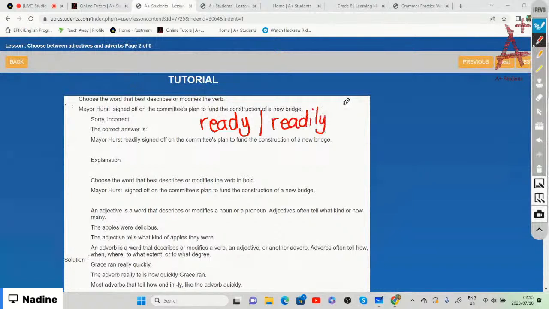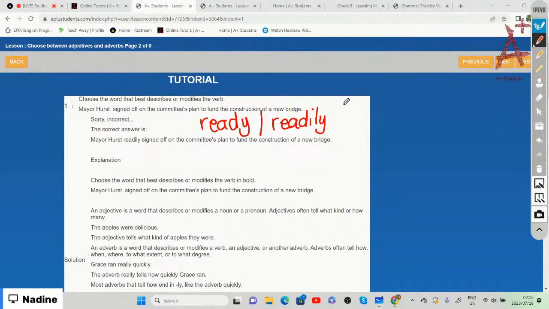Mayor Hurst signed off on the committee's plan to fund the construction of a new bridge. So is it, Mayor Hurst ready signed off on the committee's plan to fund the construction of a new bridge, or he readily signed off on the committee's plan to fund the construction of a new bridge?